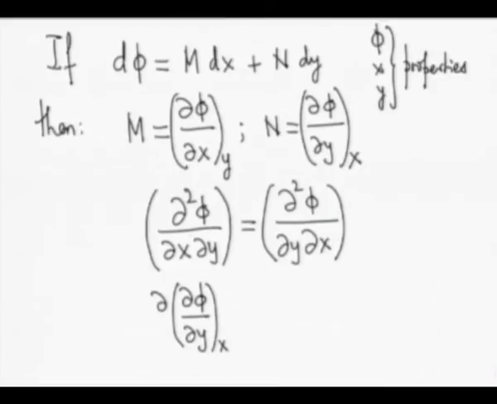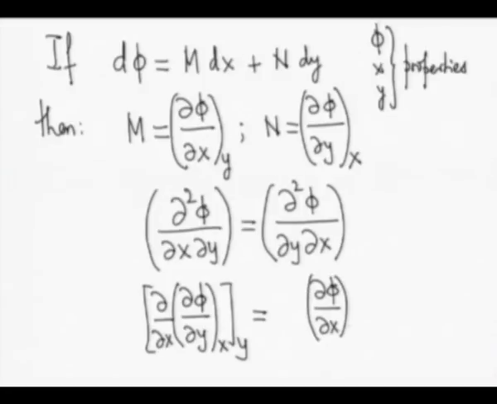Second derivative here is partial of this with respect to x at constant y, and this will be equal to, the first derivative here is partial of phi with respect to x at constant y, and the second differentiation is partial of this with respect to y at constant x.